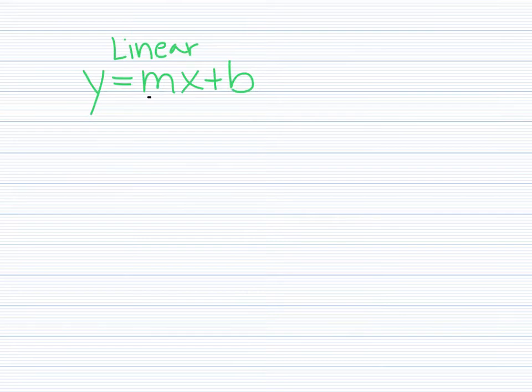I'm looking at the m, the slope. It determines if the line is increasing or decreasing or even stays the same. Remember, this is our positive slope and this is our negative slope. The b is the y-intercept.